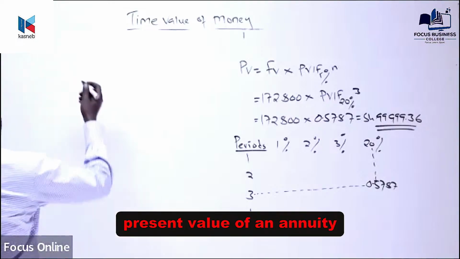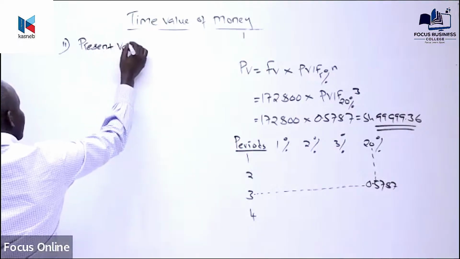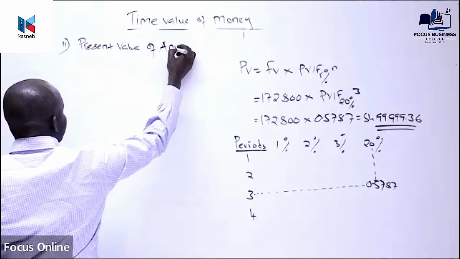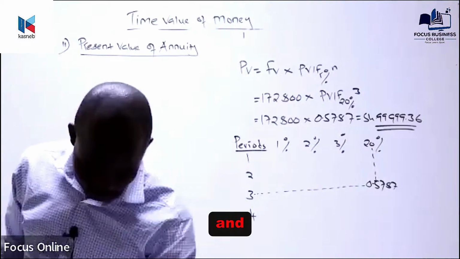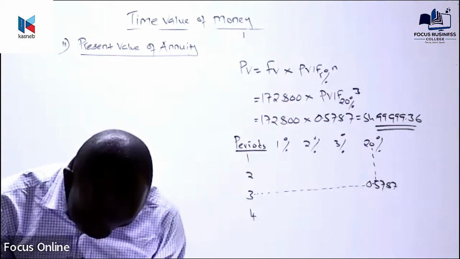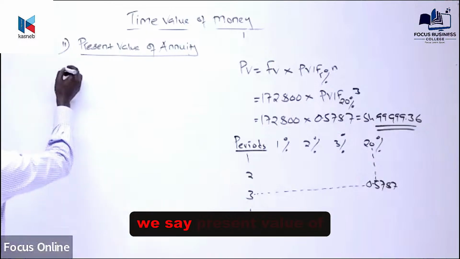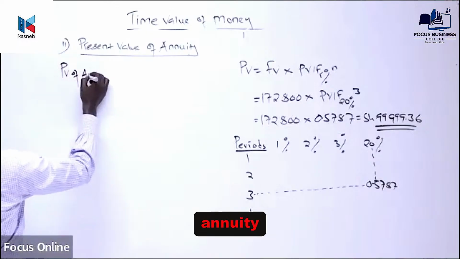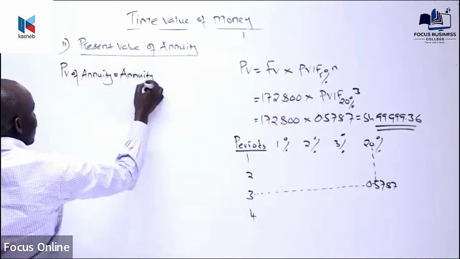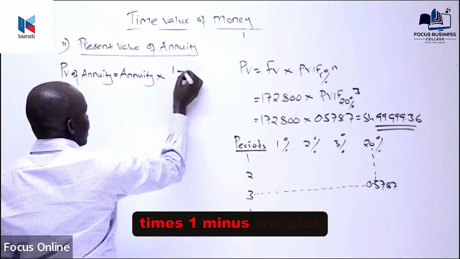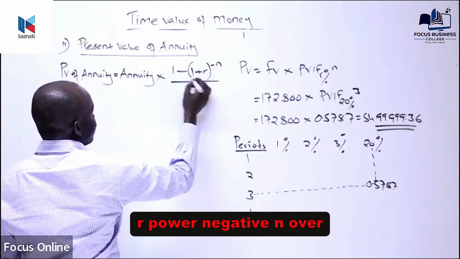Present value of an annuity is equal to the annuity times 1 minus (1 plus r) power negative n, over r.